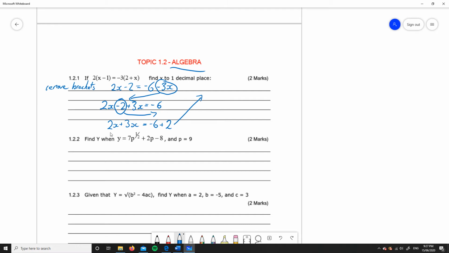From there I can simplify those two out, so that will be 5x equals negative 4. So x equals negative 4 divided by 5. Negative 4 divided by 5 will give me minus 0.8.